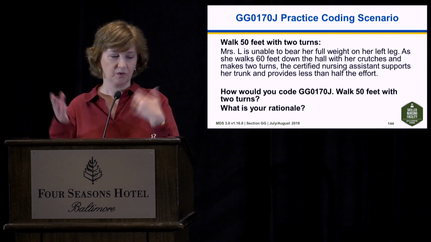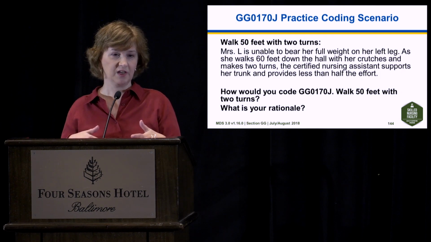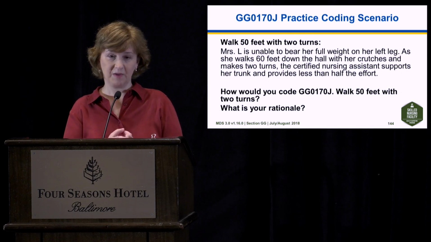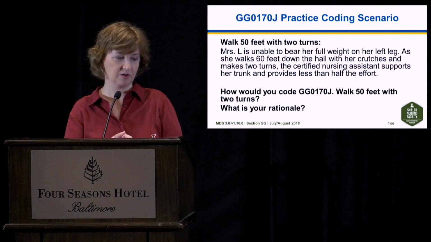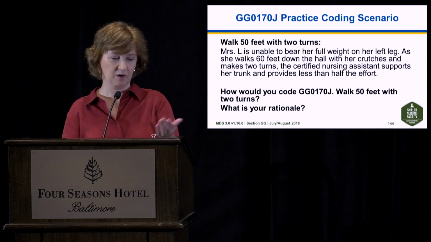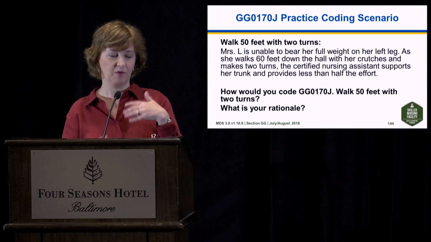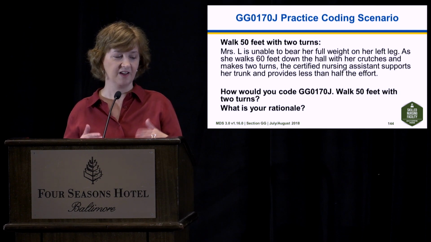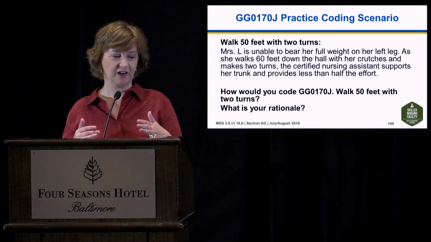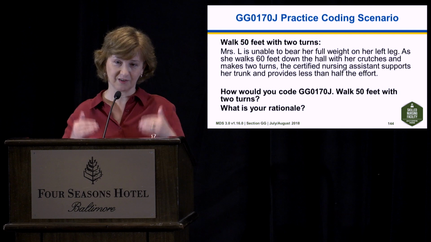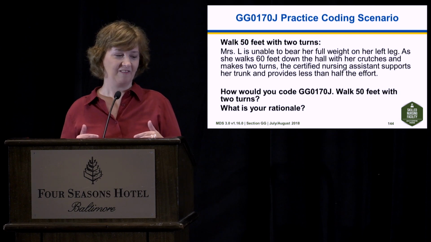If we walk through the decision tree, in this case, she does meet the criteria of going at least 50 feet because she goes 60 feet. There is a person helping, so we know that she's not going to get coded 6. There's no mention of only setup or cleanup, so we know she's going to be lower than 5. The certified nursing assistant is providing trunk support, so that's more than the touching supervision, so we're going down below level 4.